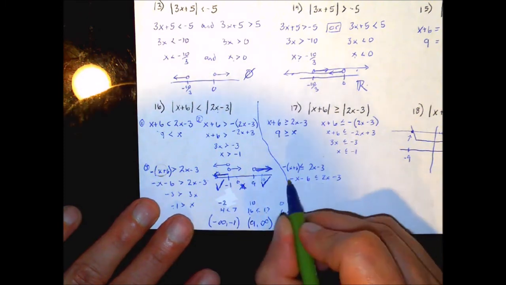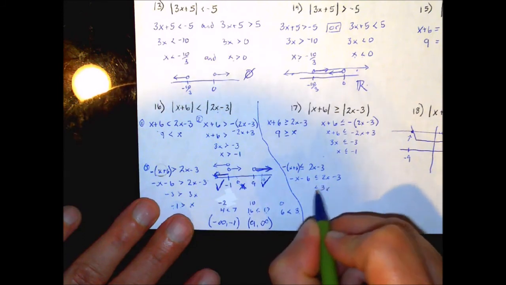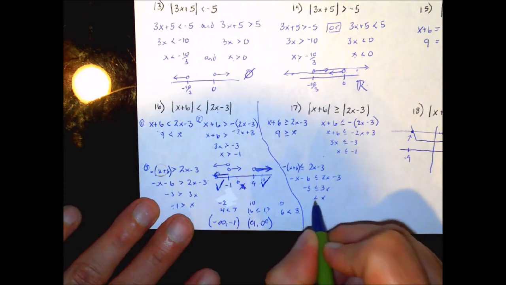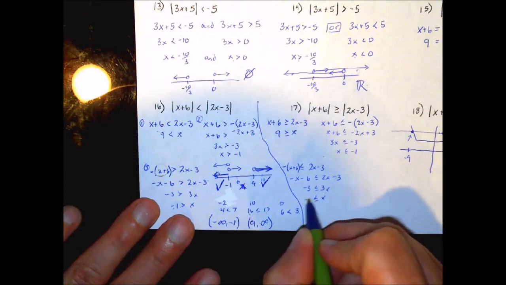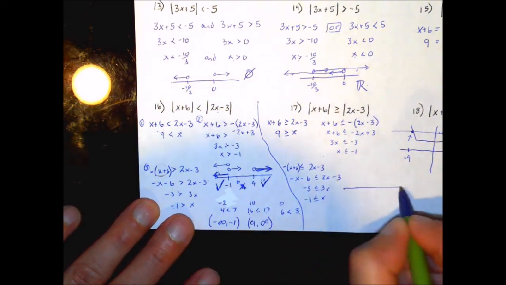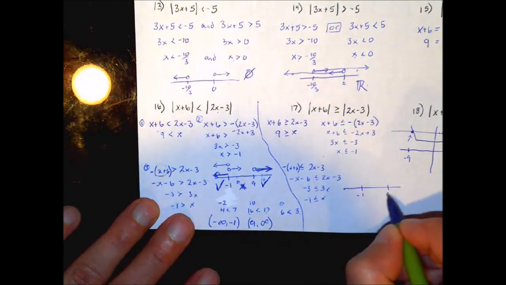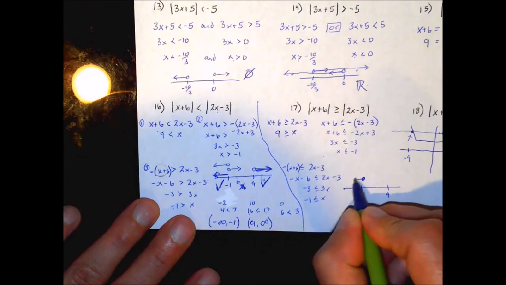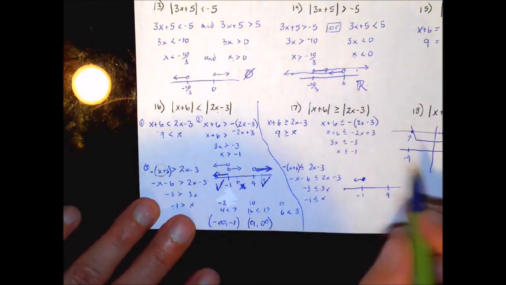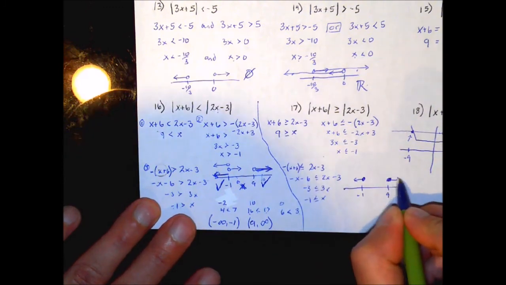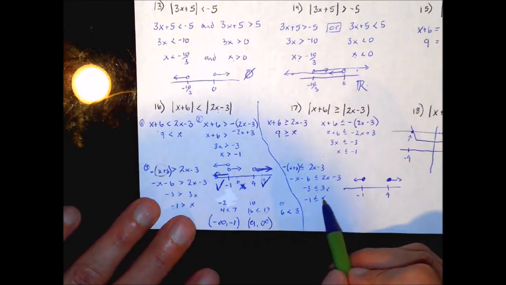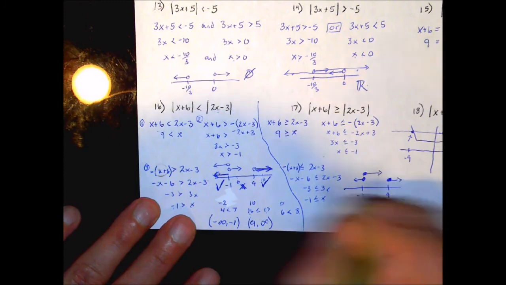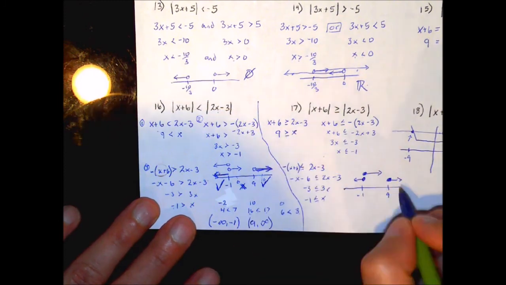Okay, I'm going to add that over there and add the 3 over there and divide. Okay, so we have our negative 1 and our 9 again. Less than or equal to negative 1. Greater than or equal to 9. And greater than or equal to negative 1. I'm sorry, this is x is less than or equal to 9, not greater than, less than.